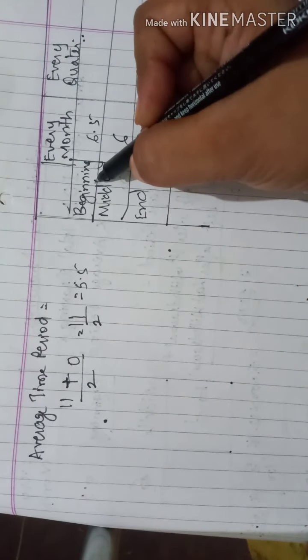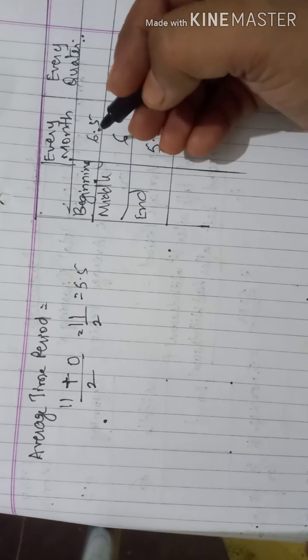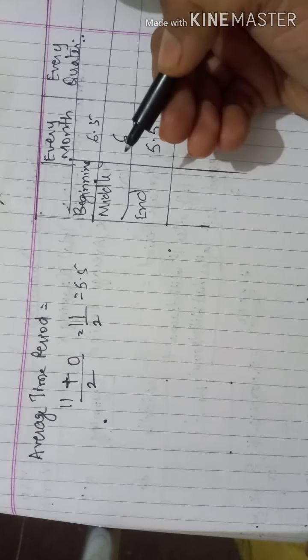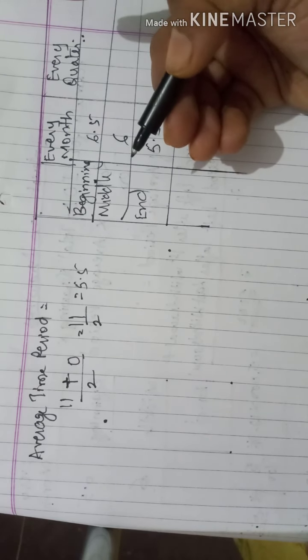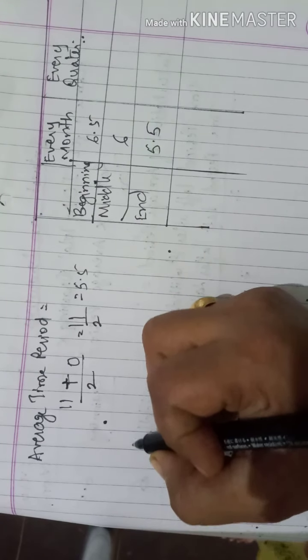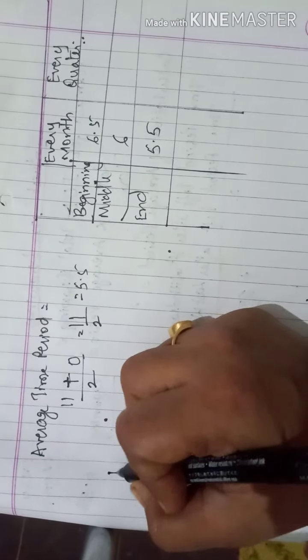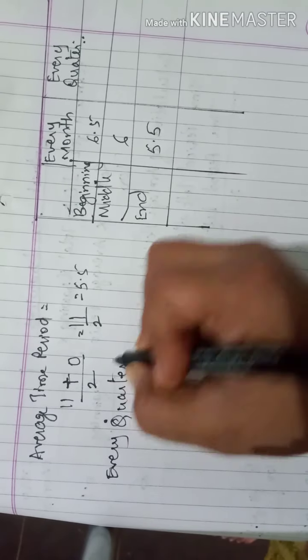So if I am withdrawing at the beginning of every quarter, fine. Now what will be my first withdrawal? That will be 1st of April again. Fine. So how much time period is left after my first withdrawal? Now this is the every quarter condition.